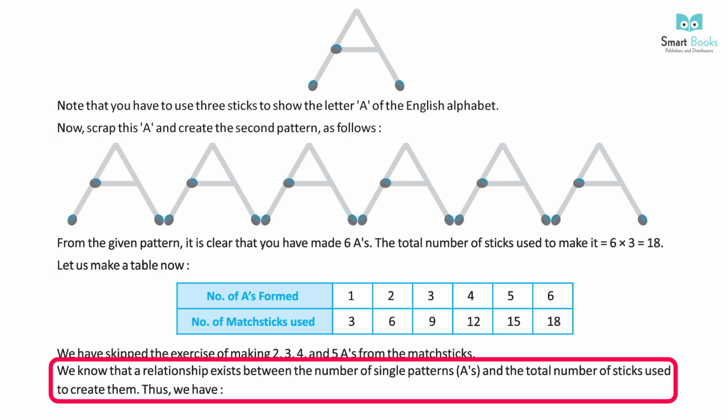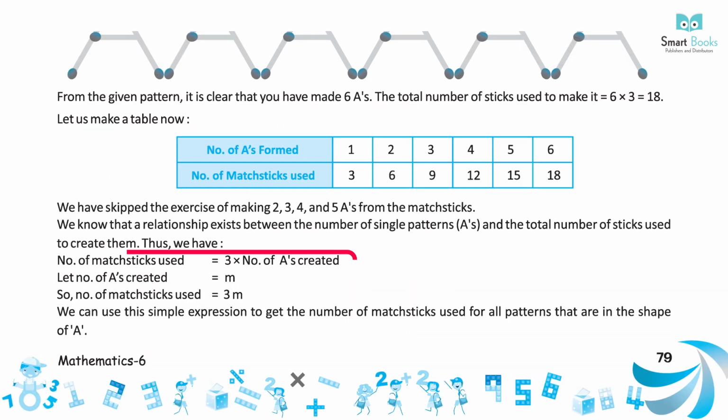We know that a relationship exists between the number of A patterns and the total number of sticks used to create them. Thus, the number of matchsticks used equals 3 into the number of A's created. Let the number of A's created be m. So, the number of matchsticks used is 3m.